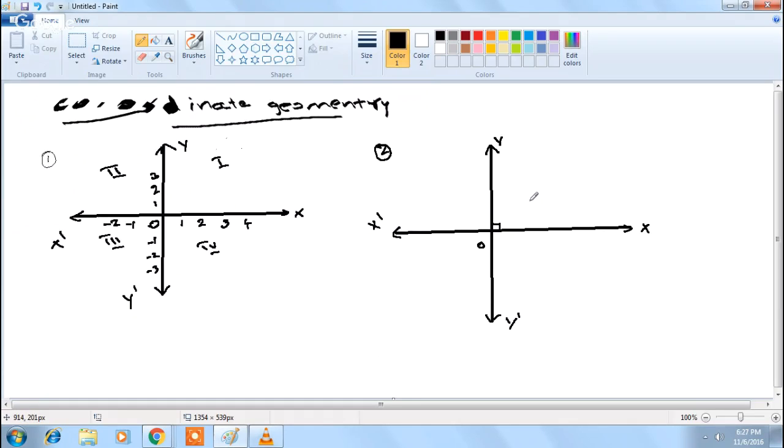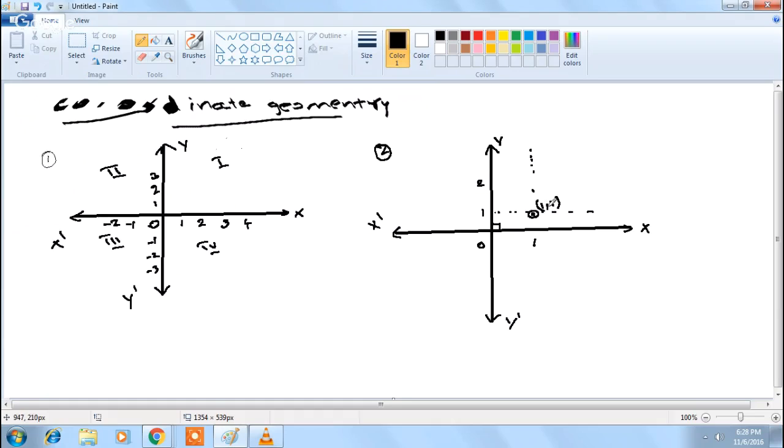Okay. So locating a certain point, for example, here we have a point, this is called 1, 1.